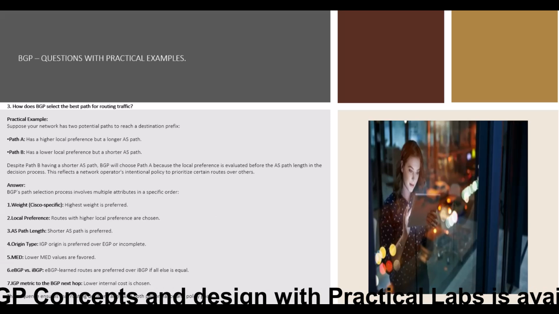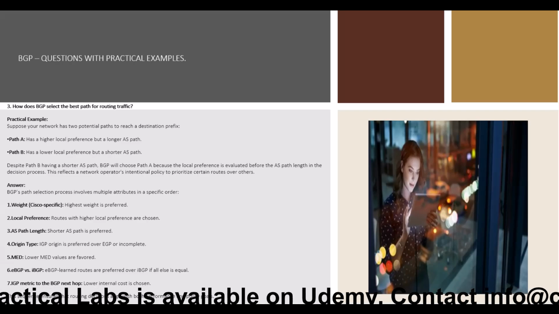You can increase the weight, and that will be the best path. You can change the local preference, and that will be the best path, and leave everything else default. You can even prepend the AS path to make it longer, so it won't be the preferred path anymore. So these are the practical ways of doing best path selection.